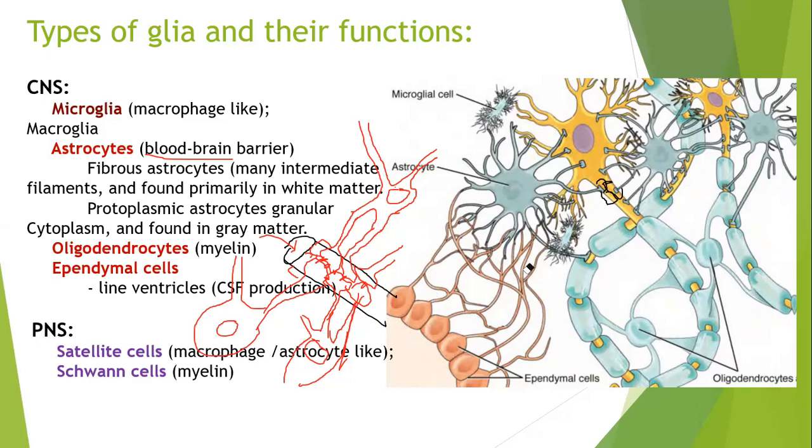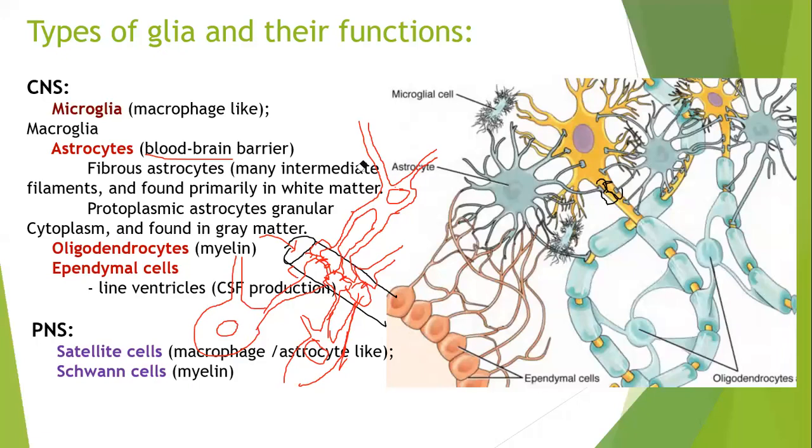Now, the astrocytes, mainly their work is to form the blood-brain barrier. That is the major function. But you can see that I have also said they have that protective function. Now, we have said that we have two types of astrocytes. We have the fibrous type and then we have the protoplasmic type. Now, the fibrous ones usually form what we call the intermediate filaments.